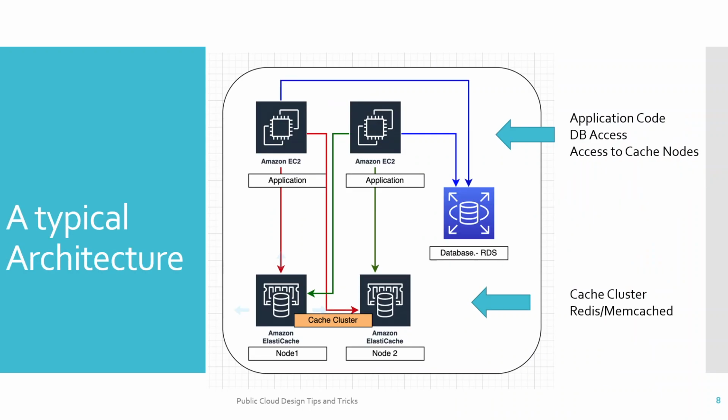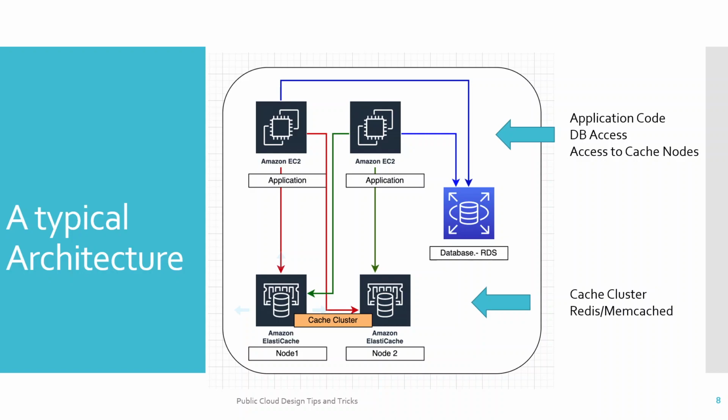Now, how does a typical architecture for Amazon ElastiCache look? If you see the upper part, there are Amazon EC2 machines, which are the compute environment where the applications are running. It can be your application or an analytics application, whatever. Those are running on Amazon EC2. For read-heavy data or frequently used data, they use Amazon ElastiCache nodes.